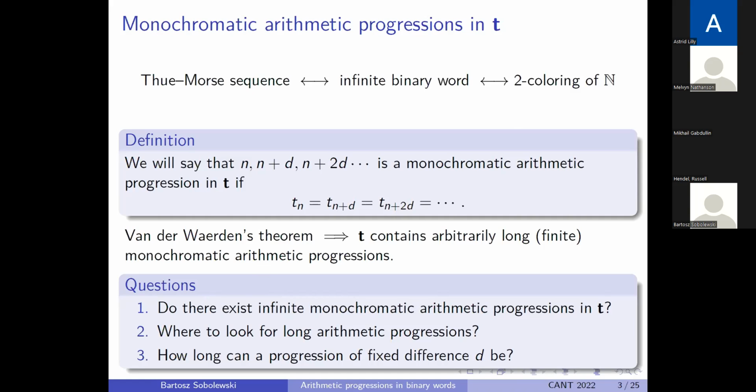And some natural questions are, well, whether there exist infinite monochromatic progressions, and where can these arbitrarily long finite progressions be found? And for a given difference of such an arithmetic progression, can we bound the maximal length of a monochromatic progression?